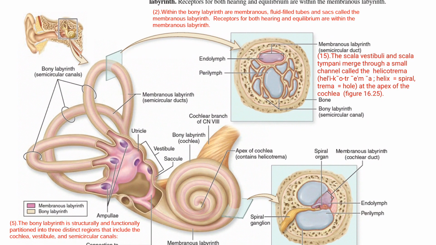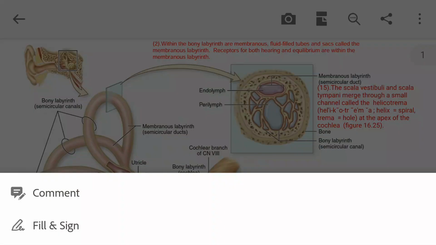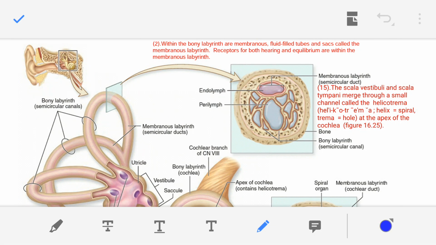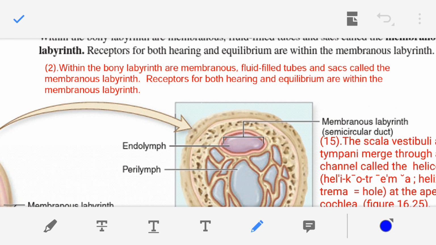Now the second point. Within the bony labyrinth are membranous fluid filled tubes and sacs, which are known as the membranous labyrinth.